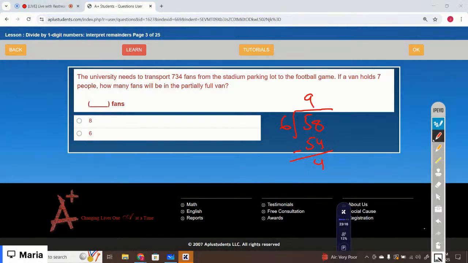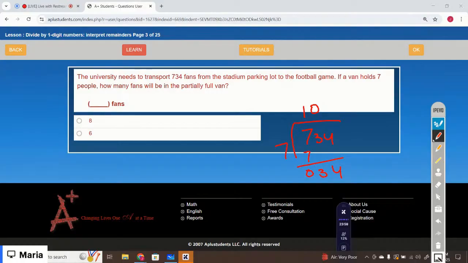So 734 divided by 7. 7 times 1 is 7. 7 take away 7 is 0.